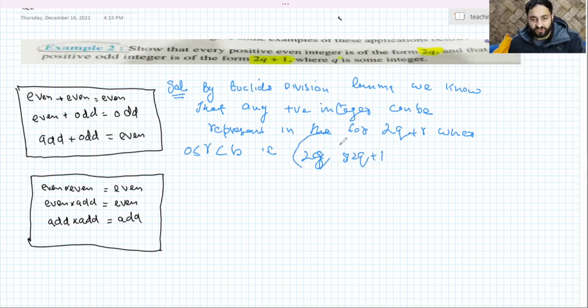These are the two necessary equations you require to represent any positive integer.